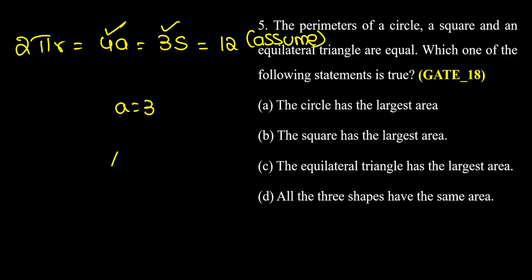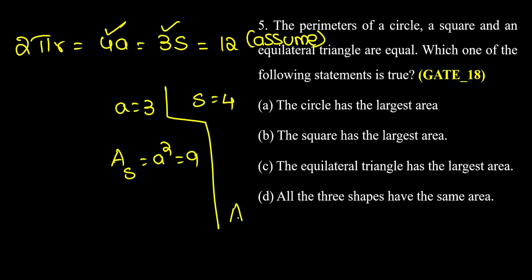Then what is the area of square? a square, nothing but 9. Square is done. Now the side of the equilateral triangle: 3s equal to 12, s equal to 4. What is the area of equilateral triangle? s square root 3 divided by 4. s is 4, s square is 16, so 4 root 3 will come, the 4 in numerator and denominator will cancel.